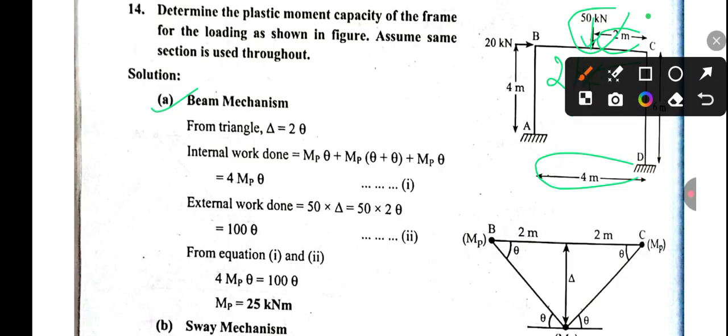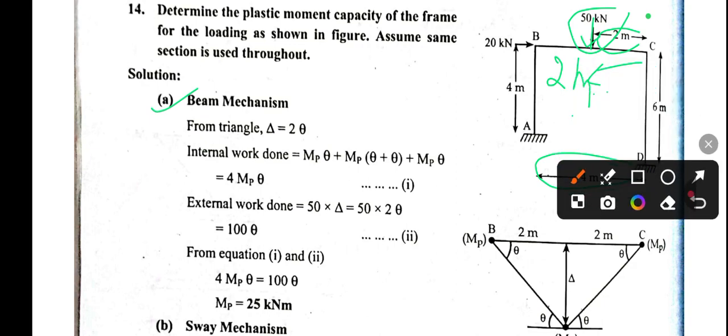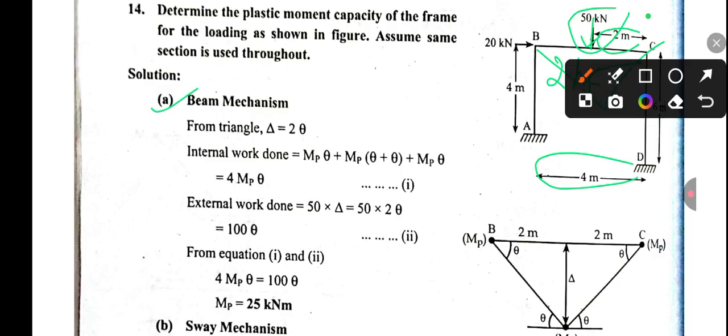As I said, this beam will deflect like this, and due to the 50 kN load, a deflection delta will occur over here.